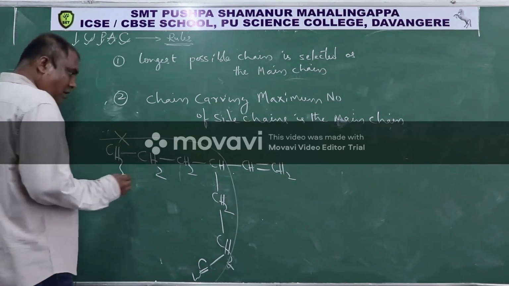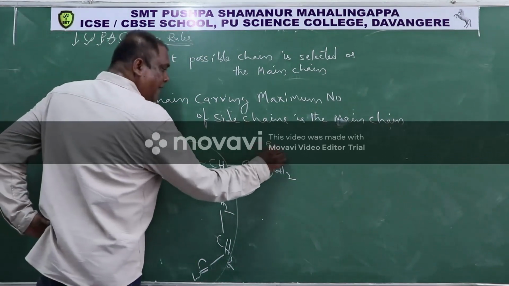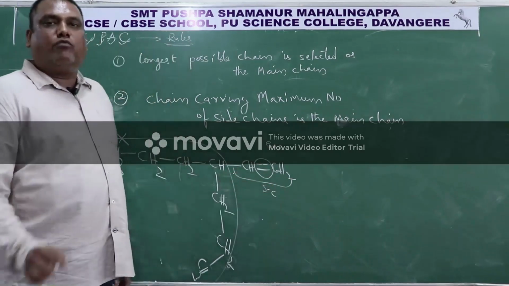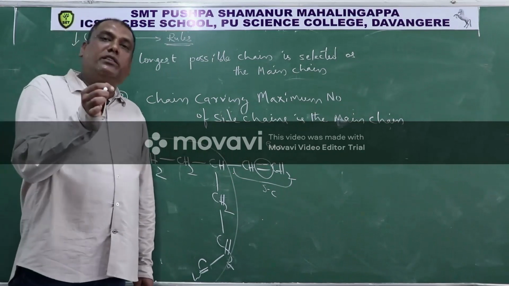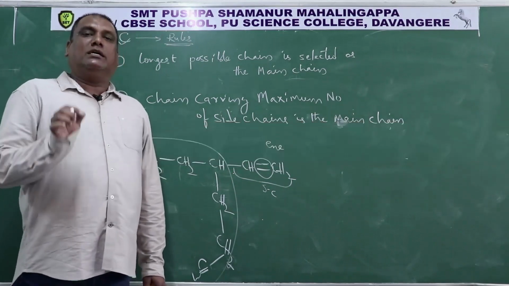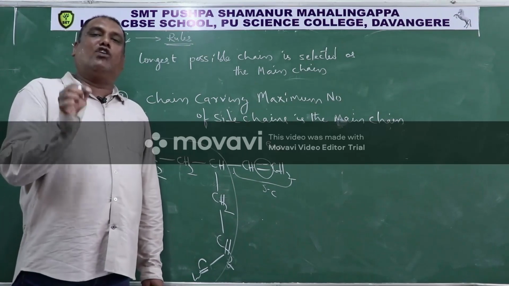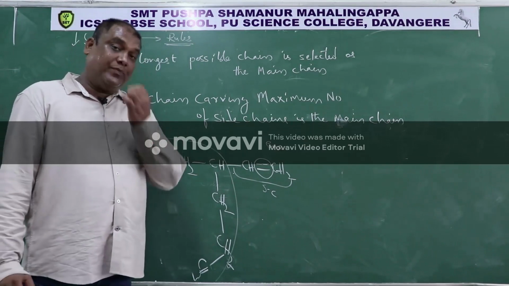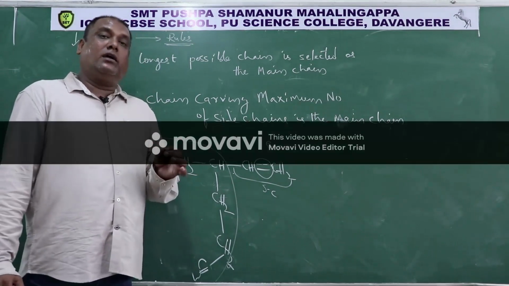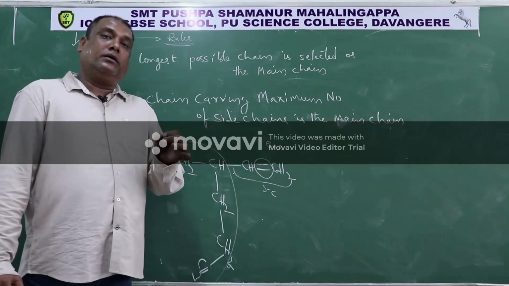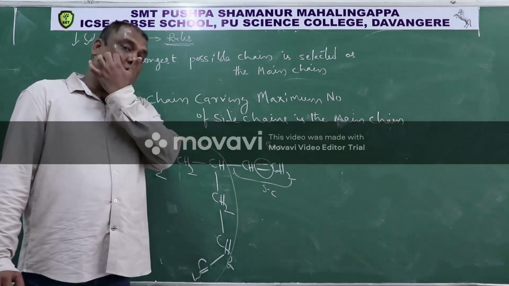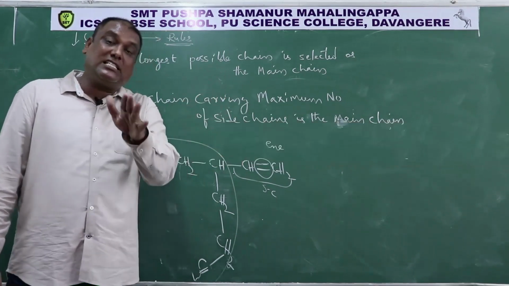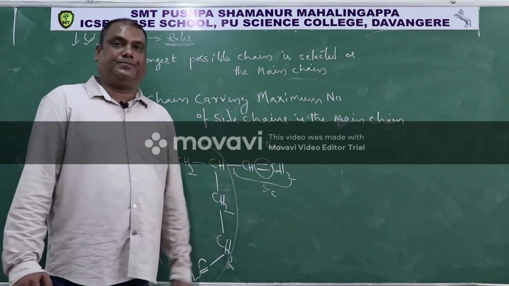Why? Because we have a functional group called ene that is going out of the main chain into the side chain. But the rule is functional group should always be in the main chain. The rule is: the chain containing the functional group should be selected as the main chain. Or I can say the chain in which a carbon carries a functional group, that chain should be selected as the main chain though the chain is short.